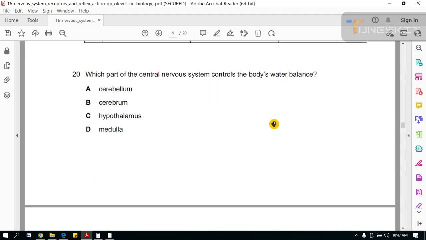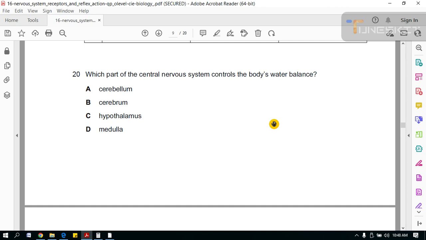Now, question 20: which part of the central nervous system controls the body's water balance? We have also attempted this question before. Cerebellum, hypothalamus, medulla. Which one is involved in controlling the body's water balance? That is the hypothalamus, dear students.